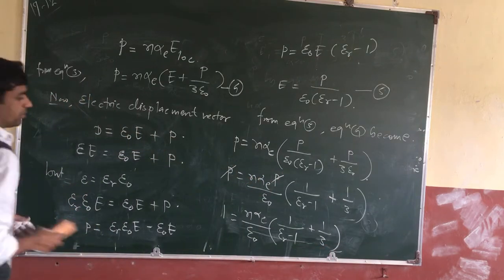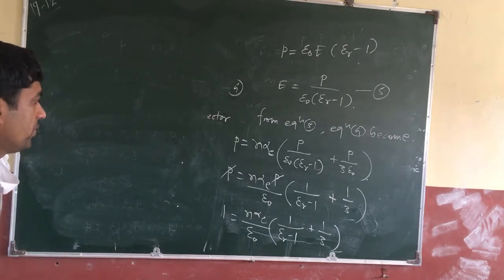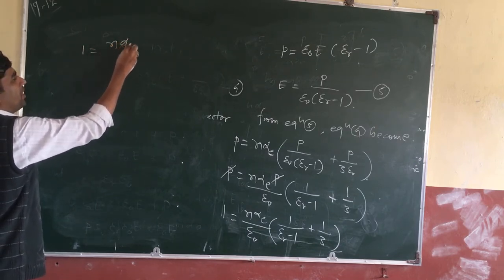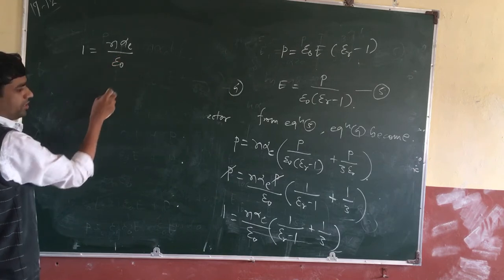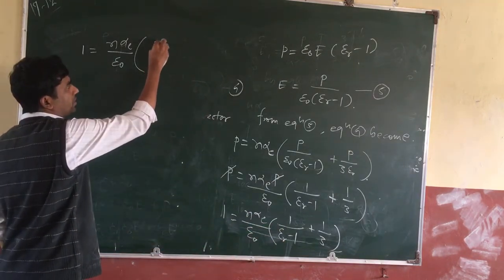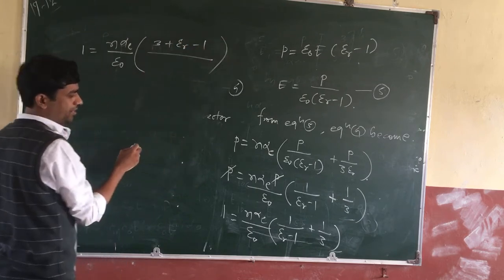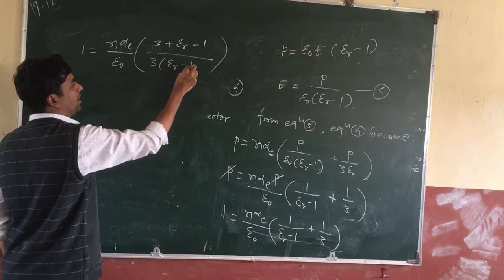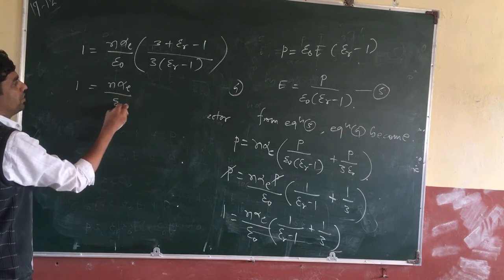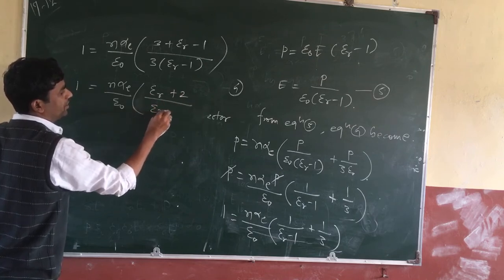Okay, now you are close to your Clausius-Mossotti equation. So from this equation, if you take the common denominator, this will be equal to 3 plus epsilon R minus 1 divided by 3 into epsilon R minus 1, that is epsilon R plus 2 divided by 3 into epsilon R minus 1.